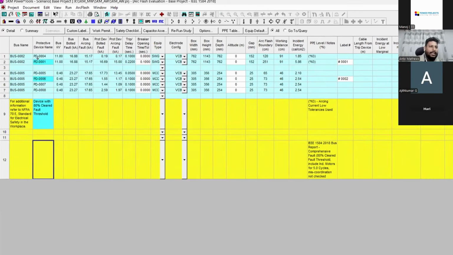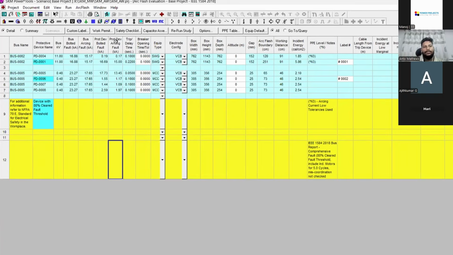So the bus name and protected device which we are using, the bus fault current, bus arc flash current, protected device bolted fault, the trip delay time, and the breaker operating time which we considered, and the electrode configuration, whether it's a switchgear, MCC or a switchboard. It will appear here, along with the box width, height and depth. All these data will appear, along with the arc flash boundary, working distance, incident energy, and PPE.